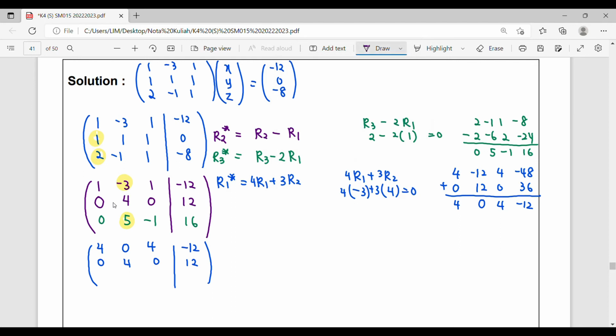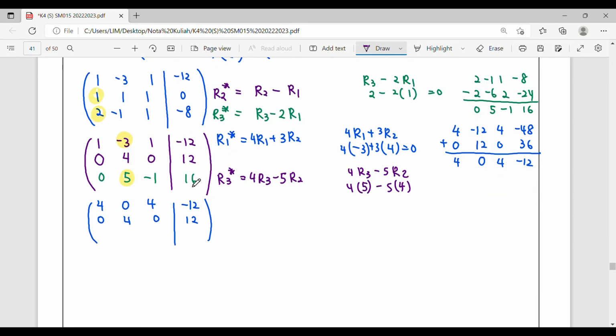Continue. The next entry that we need to change to 0 will be the position of 5 here, in row 3. So row 3 will need to operate with the constant row, which is row 2. Row 3 is 5, row 2 is 4, so we times row 3 by 4 and row 2 by 5. Then we subtract. So the operation for this row will be 4 row 3 minus 5 row 2.